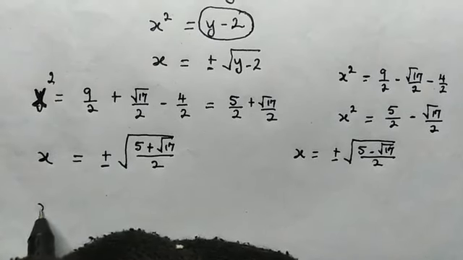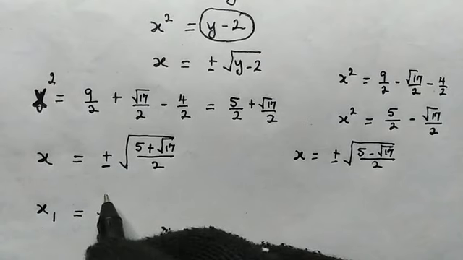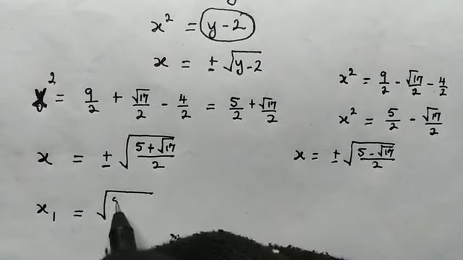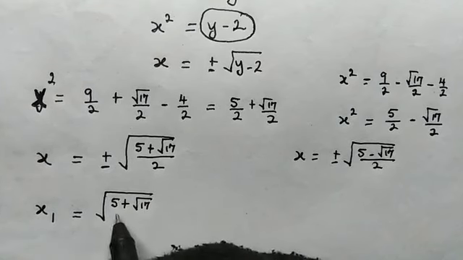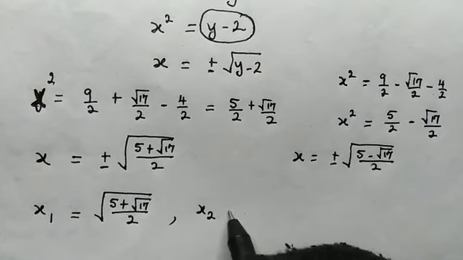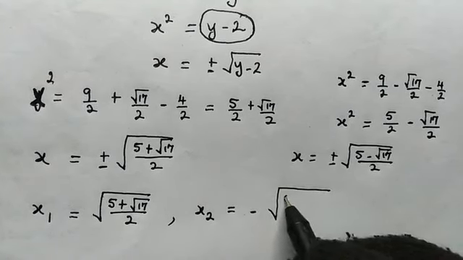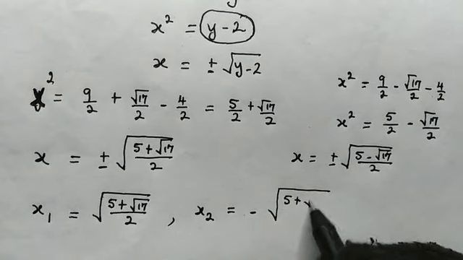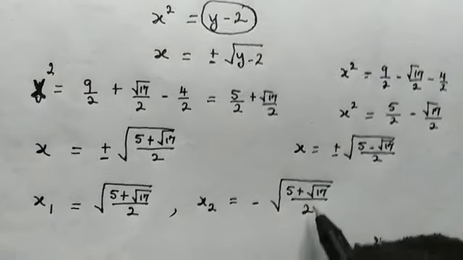So we have here x1 is equal to the square root of (5 plus root of 17) divided by 2. We have x2 is equal to negative the square root of (5 plus root of 17) divided by 2.